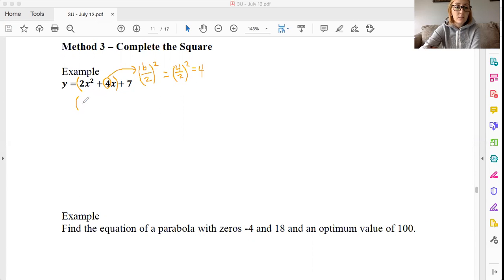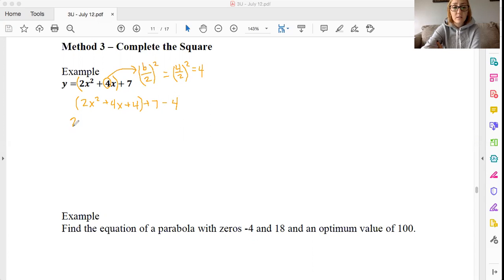So inside our bracket, we're going to have 2x squared plus 4x plus 4, plus 7 minus 4.